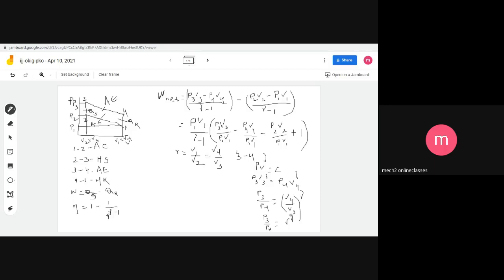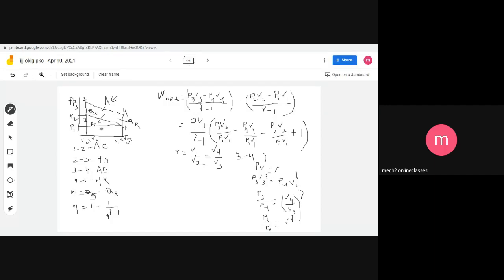P3 by P4 is equal to R to the power gamma, where V4 by V3 is R. So for process 3 to 4, we have derived this pressure value, P3 by P4.